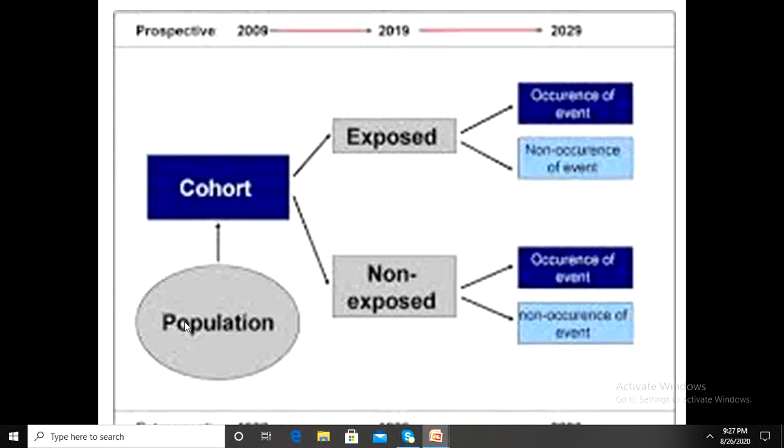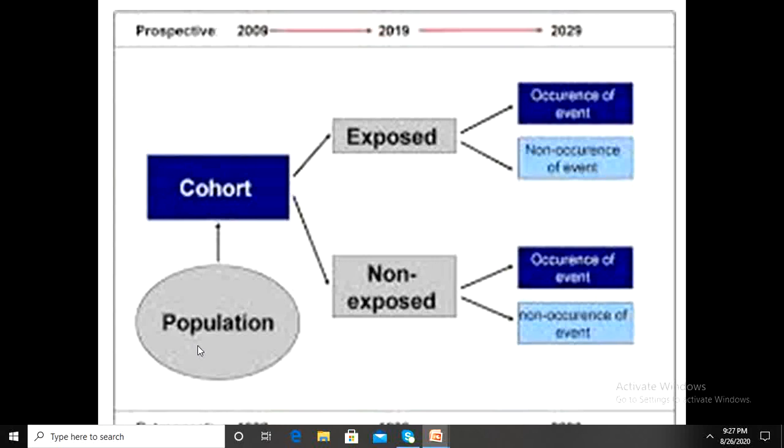So what does a researcher do? He identifies a population, and then from the population he defines a cohort. The cohort is a group of people who are free from risk, free from disease. They are an apparently healthy population which is derived from the original population.